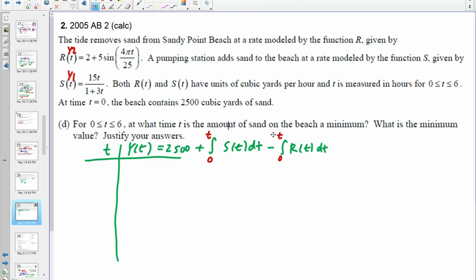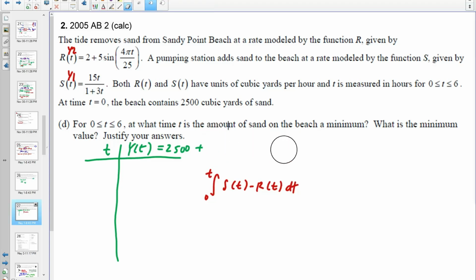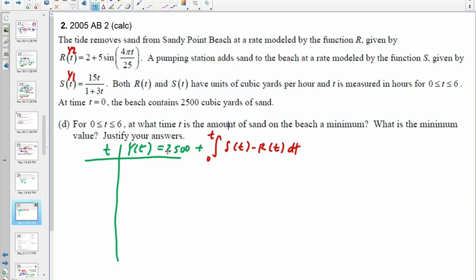Since both of these integrals have the same limits, we could actually combine this to one integral, and that would just save us some time writing in the calculator. So you can change that to this. So I'm going to go ahead and replace that. All right, so that's the formula for the amount of sand.